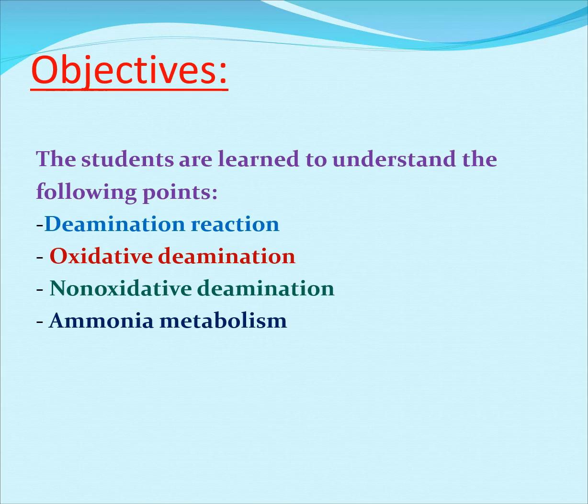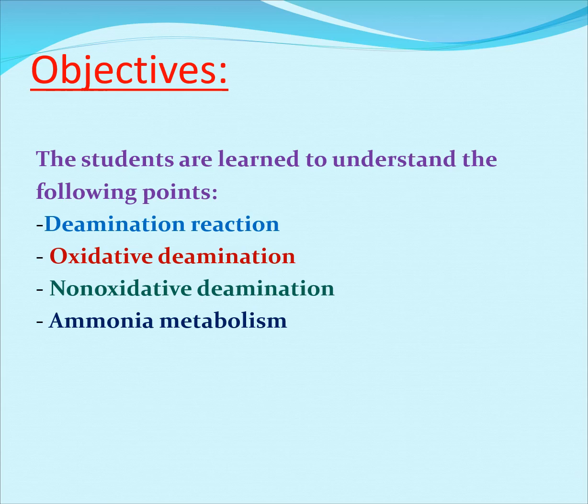This is the second lecture regarding amino acid metabolism. We knew from the first lecture that we have an amino acid pool around 100 gram, and this pool came from either ingestion of proteins, degradation of internal proteins, or synthesis of non-essential amino acids de novo.